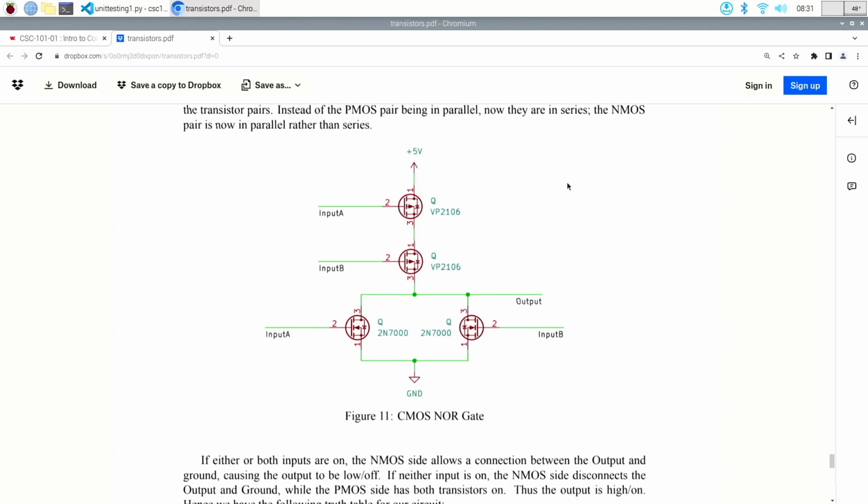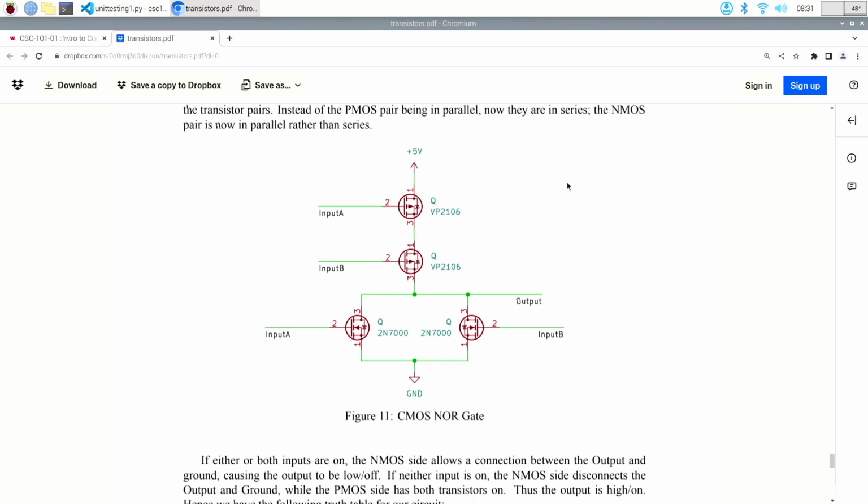Okay. So, what did we just say? If both A and B are off, what's going on the P side of this circuit? Is there a connection between plus 5 volts and the output? Yes. Okay. So what should I put in the 0, 0 box there?